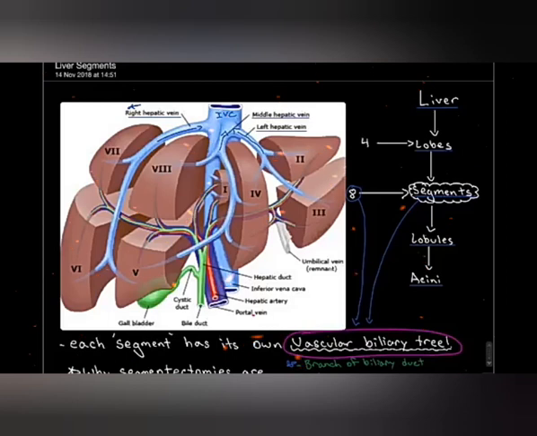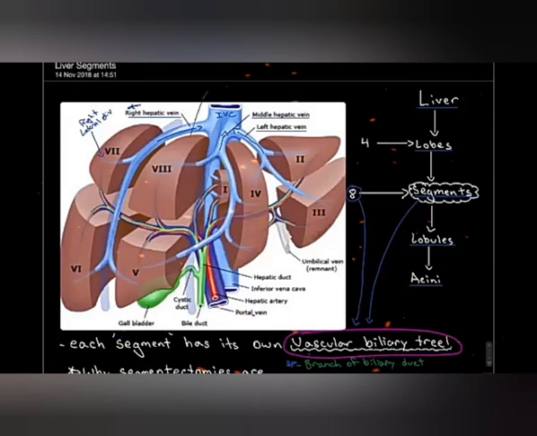So for example, we can see the right hepatic vein on the right side divides the right lateral division, and it also drains the blood of segments number 7, 6, and 5. All of those segments go into the right hepatic vein.